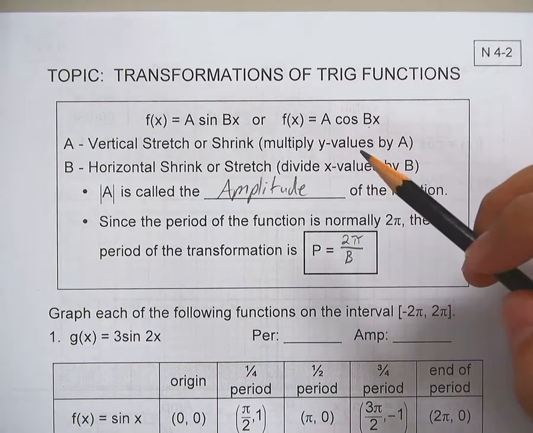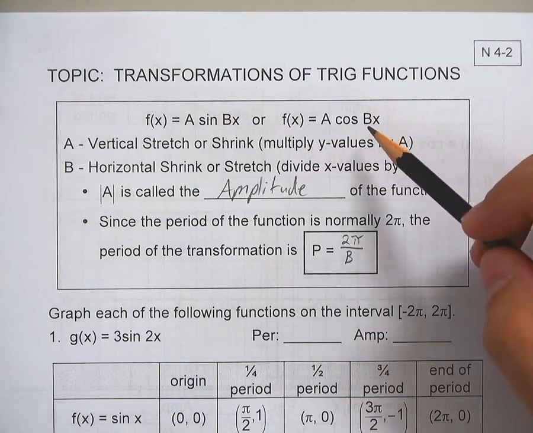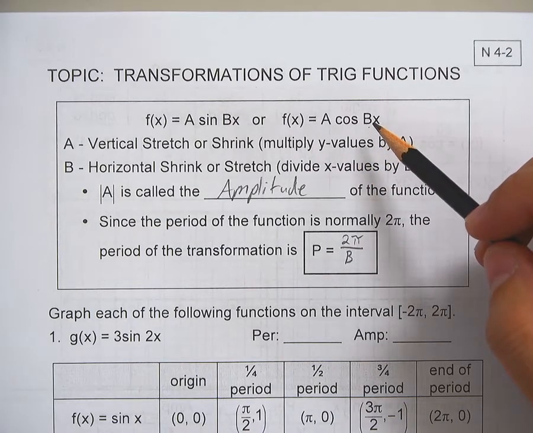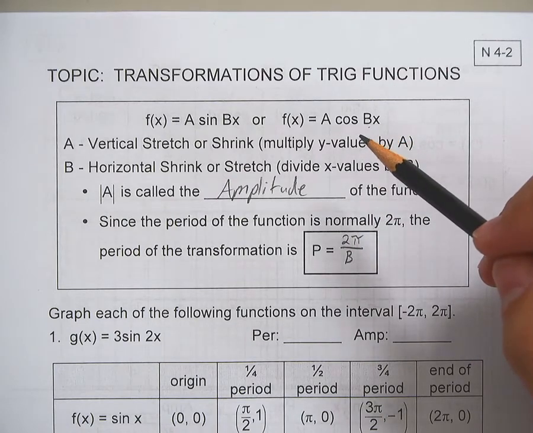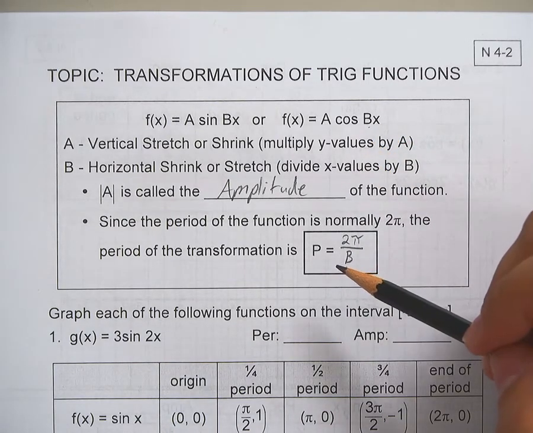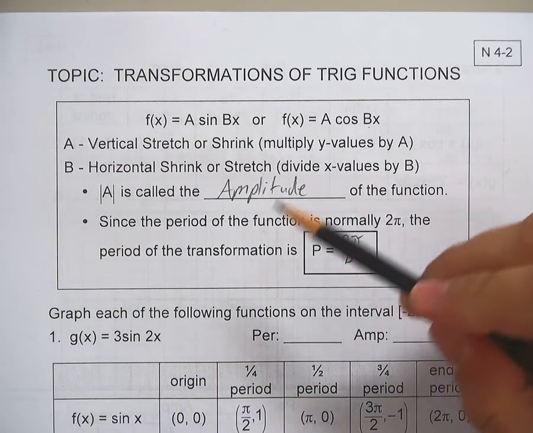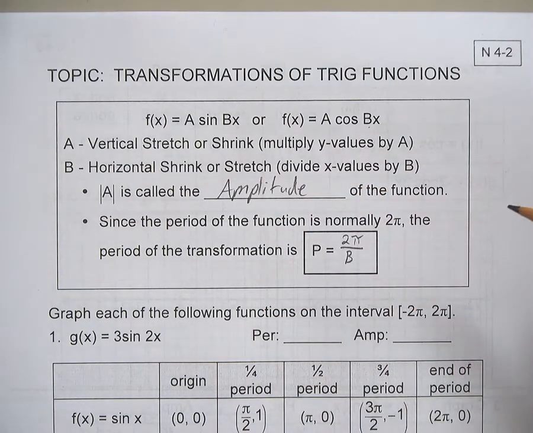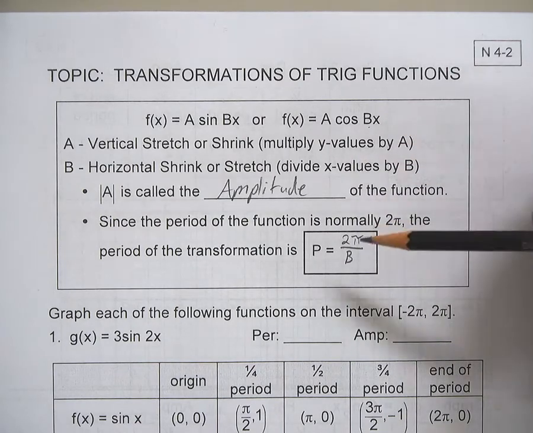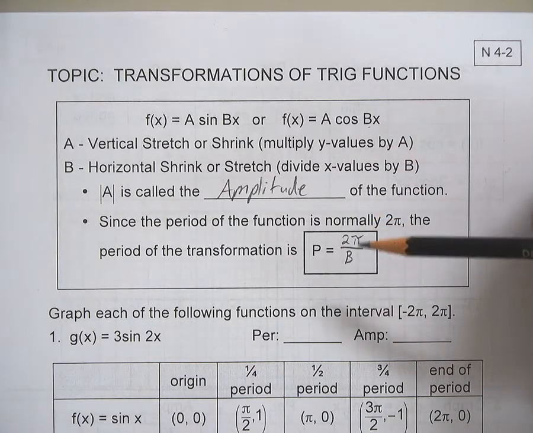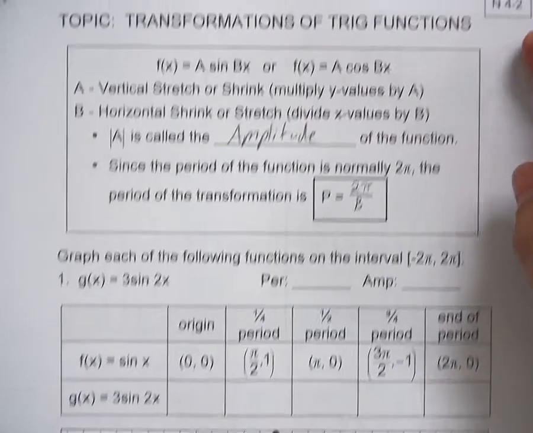So I'm going to look at the value of B, and say 2 pi divided by this number is going to give you your period. Now remember, the period is how often it repeats, right? So one full crest, one full trough, right? So B here is going to tell us how often that happens. We're going to do 2 pi divided by B.